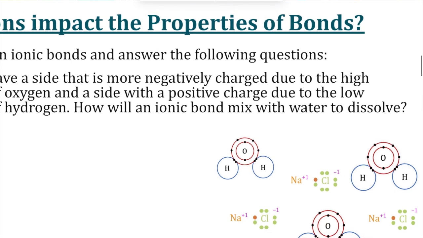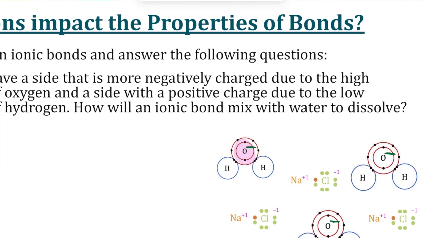What this is talking about is that because oxygen is more electronegative, that means it's going to have kind of a partial negative charge. So any of my oxygens are going to have kind of a partial negative charge in a water molecule.